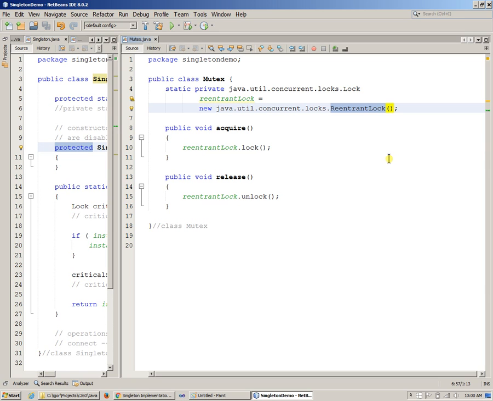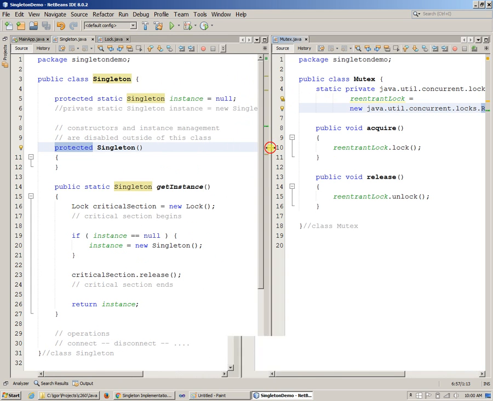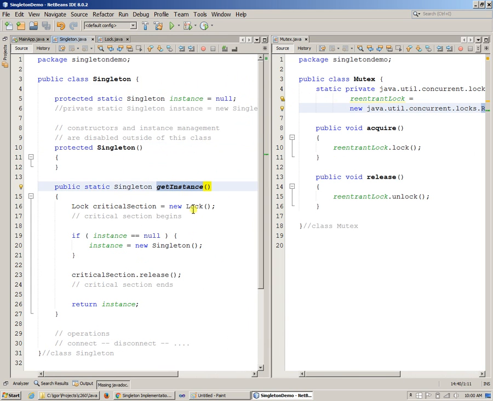We use it to provide mutually exclusive access. That's where the name mutex is derived from, right? To get access to that critical section. So that makes get instance very happy, because we have a critical section where we can guarantee that only one thread of execution gets to see this at any given time, and therefore it's thread safe.